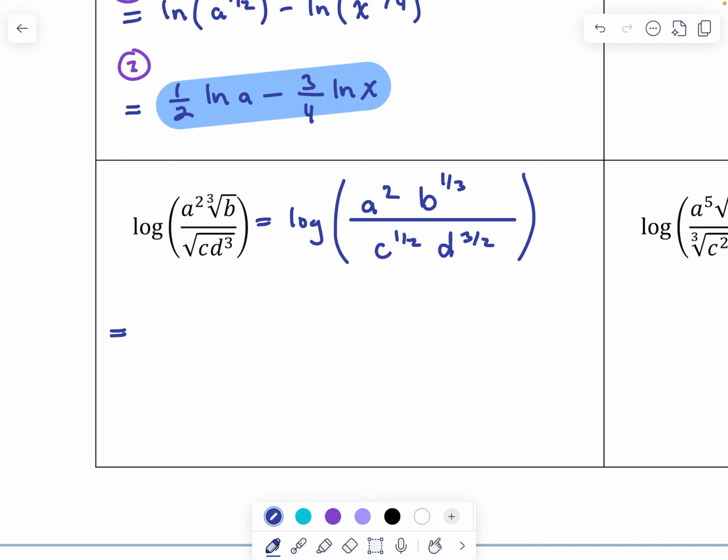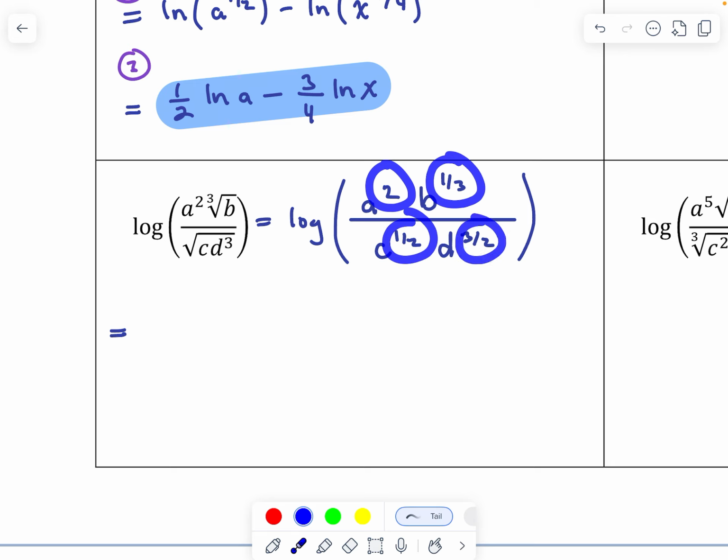But here's what's going to happen. All the exponents are going to be multiplied to the front of their respective logarithm. And all the variables that are in the numerator are going to be in a positive logarithm, while all the variables in the denominator are going to be in a negative logarithm, right? Because multiplication corresponds to addition, but division corresponds to subtraction.